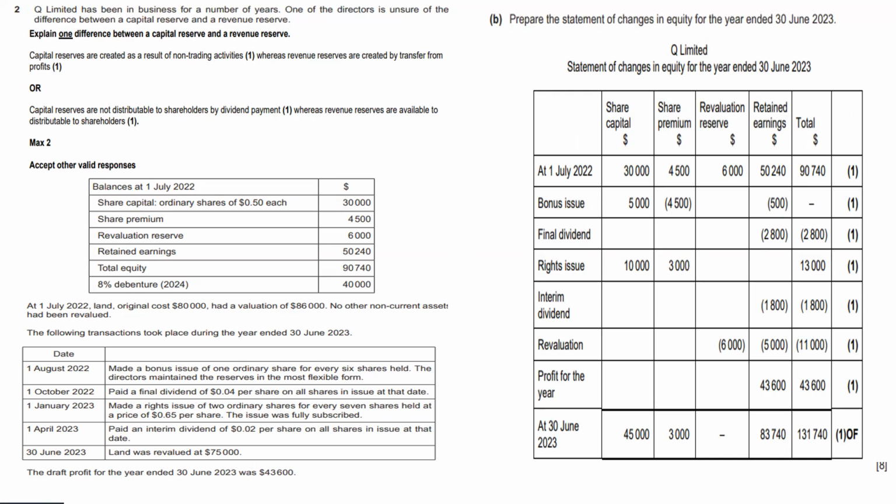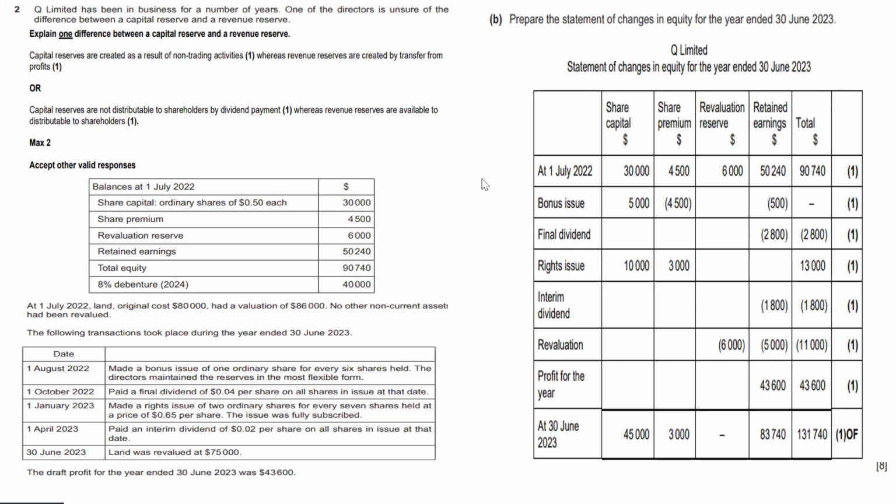They are not the trading activities that take place. Revenue reserves are created by transferring from the profits. Please learn it. Capital reserves are created because of non-trading activities, and revenue reserves are created by transfer from profits.